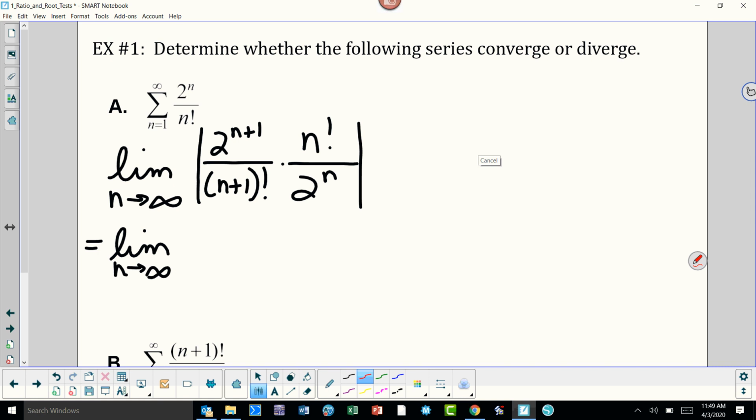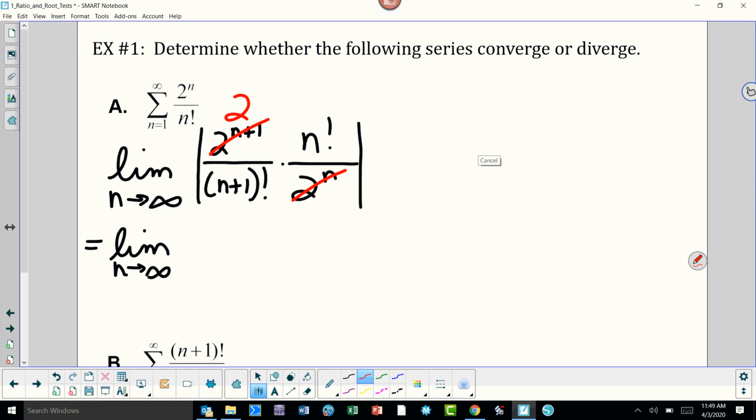Another way to think about it is 2 raised to a power means I'm multiplying by itself over and over again. So the top one, I'm doing it one more time. So there's one more 2 on the top than there is on the bottom. So they'll all cancel except for the one on the top.